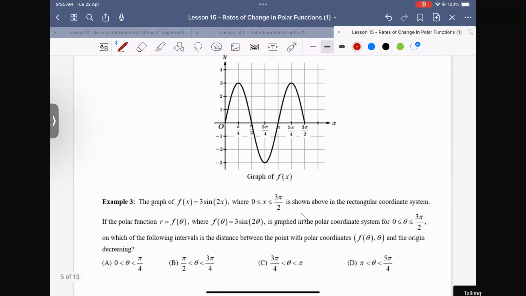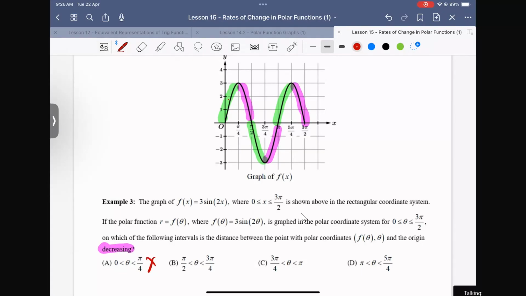So it is going to be increasing here, increasing here, increasing here. It's going to be decreasing on these intervals, getting closer to the origin when it's decreasing, and we want it to be decreasing. So from 0 to pi over 4, no, that's that first one, that is increasing.